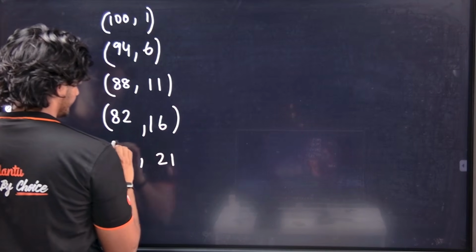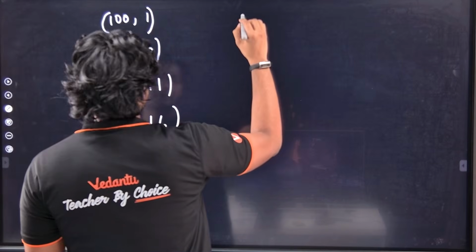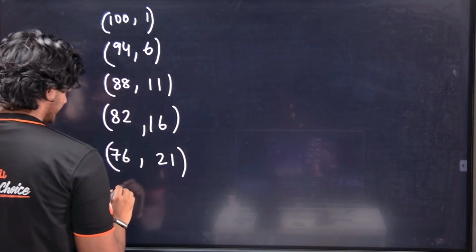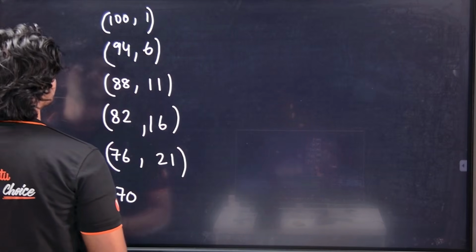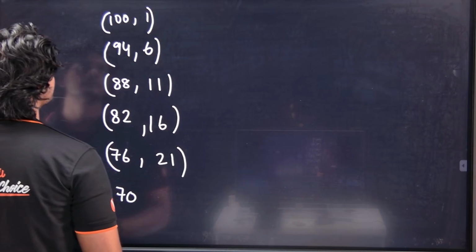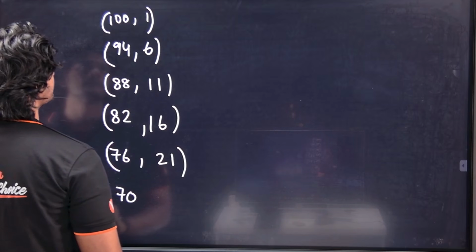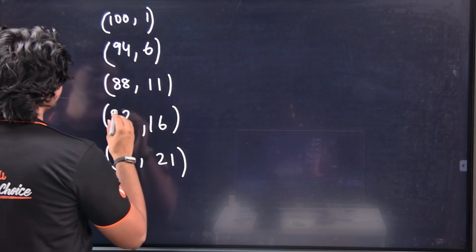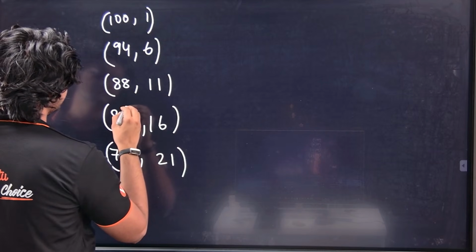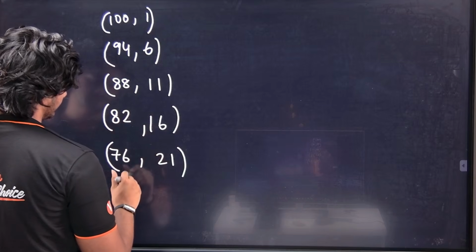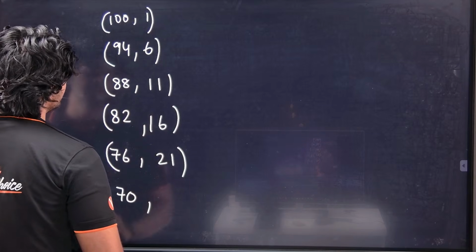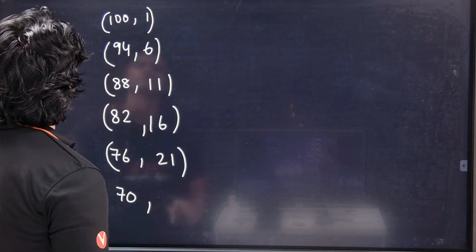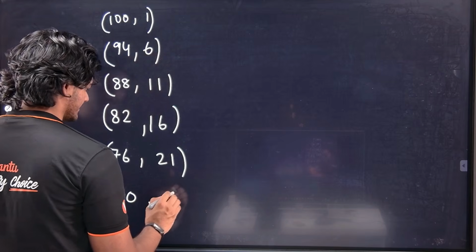76, 21. Maybe one more I'll write here, 70. If I remove 6, it's 76. If I remove 6, it's 70. How many 6s did I remove? 5. Okay. Makes sense.